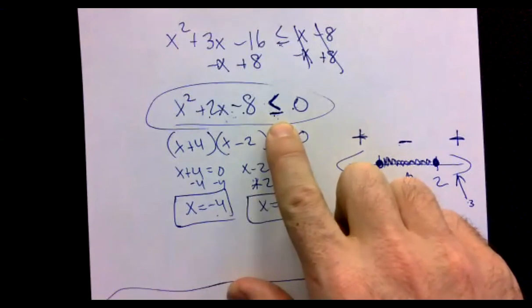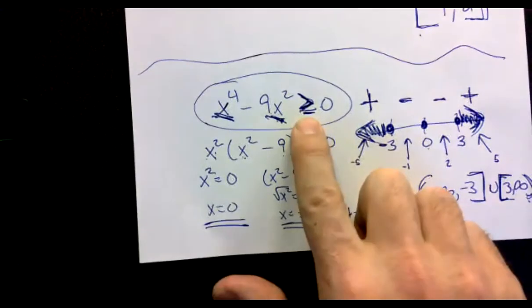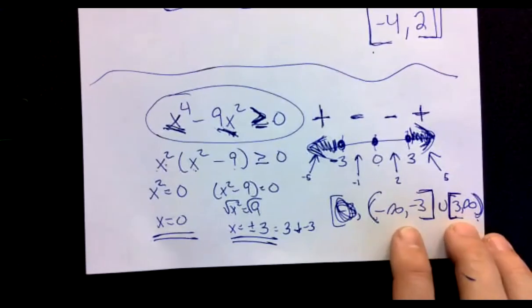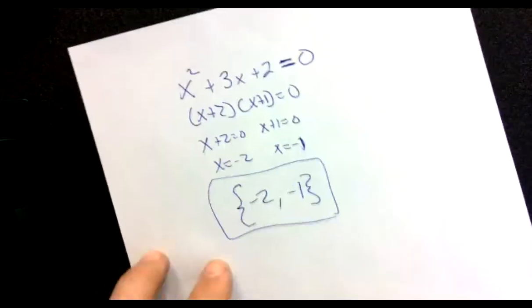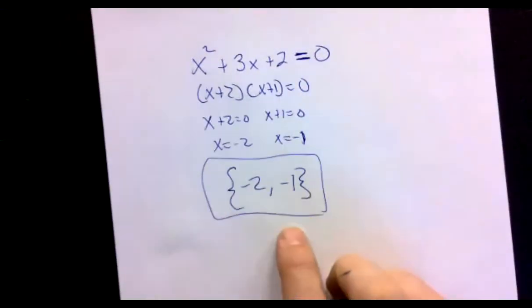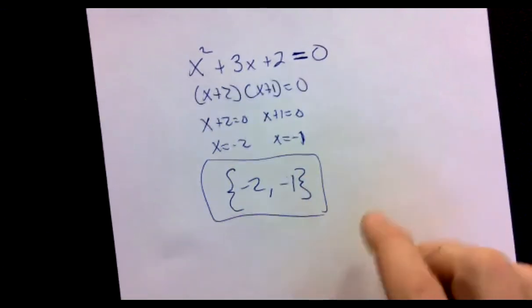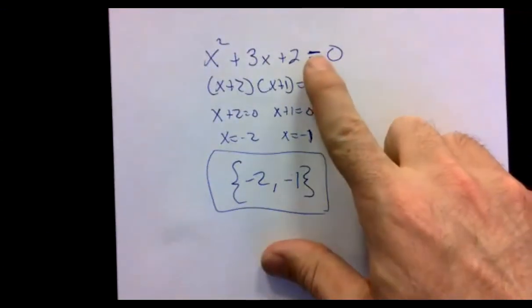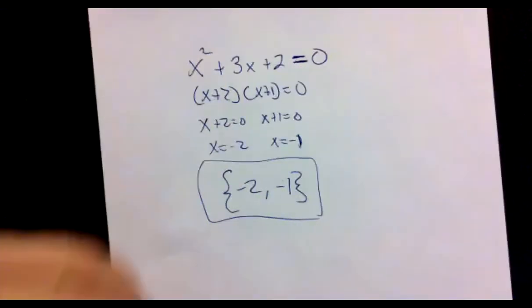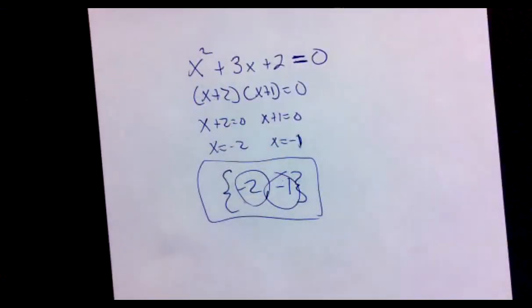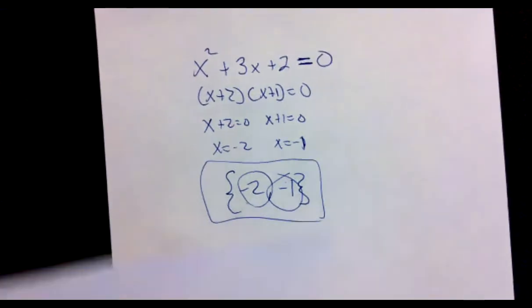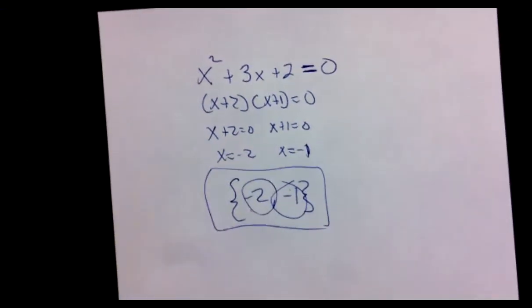Inequalities gave us an interval. And equality, these are actual zeros. These are values that make it equal 0. We don't have to worry about the plus and minus. We don't have to worry about shading anything. We're trying to figure out what actual numbers make it equal 0. And it would be just these two. So they do throw one tricky one in there just for no reason. I'm not sure why they did that, but just because. But then most of it is doing those inequalities where you're going to be shading.